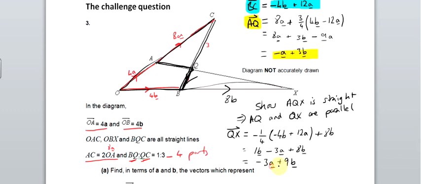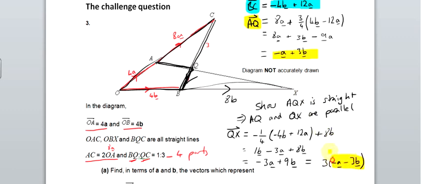And that looks a bit more useful, because if you look here, I've got a minus a and a positive b, so that's the right way around. And then you can see that there's a common factor of 3 in here, so let's just take that out. So it's 3 times minus a plus 3b. And that, of course, matches AQ.